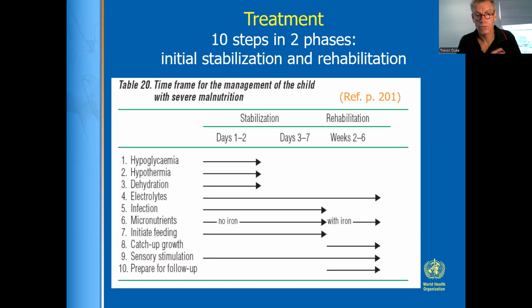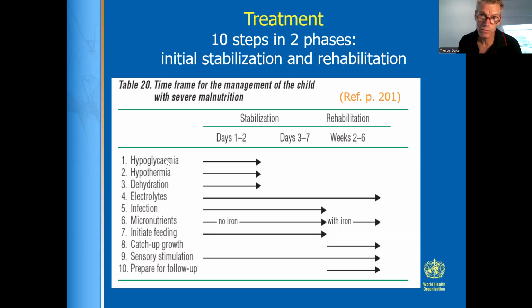Many children will die from malnutrition of hypoglycemia, hypothermia, especially infection. And when children with malnutrition present, with the severity of malnutrition of Kobe, they invariably have an intercurrent infection that's led them to deteriorate to the point that their families bring them to hospital.